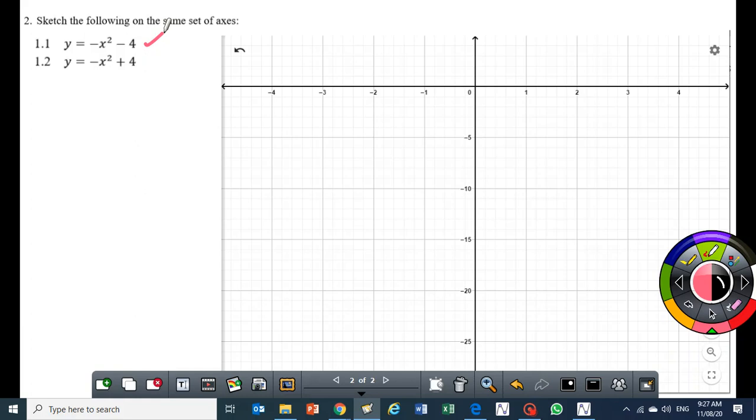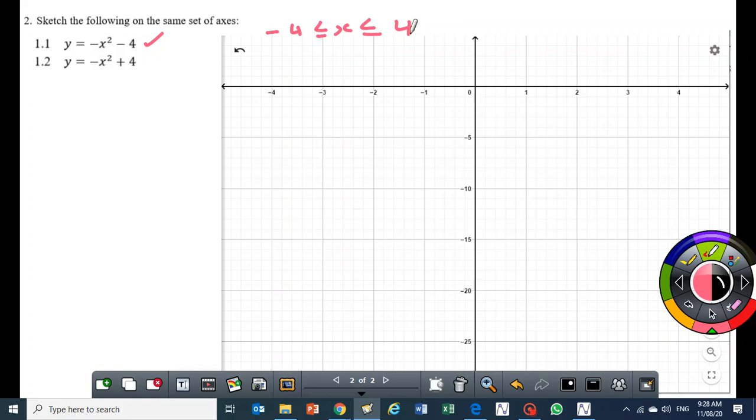My domain again, I'm going to use a domain of minus 4 less than x less than 4. If I put 4 where there is x, I'll get minus 4 squared, which is 16, so I'll get minus 16 minus 4, which is minus 20. You can just use your calculator yourself.